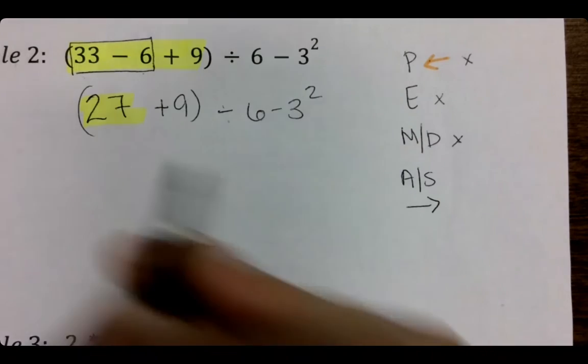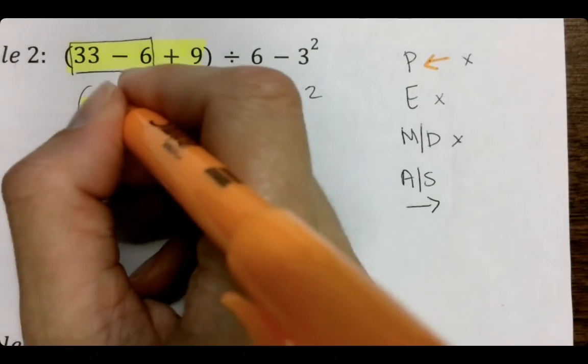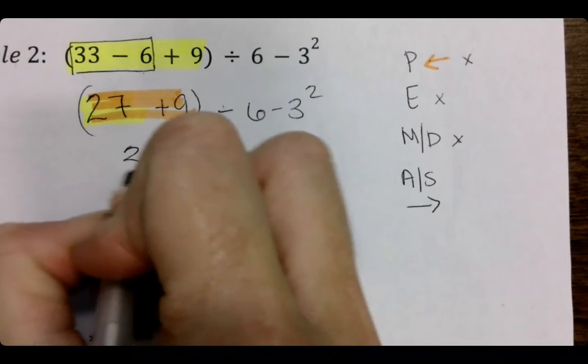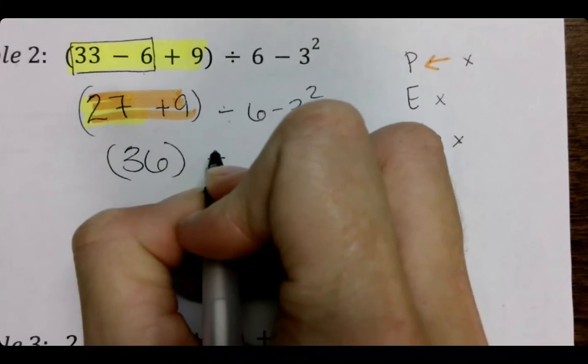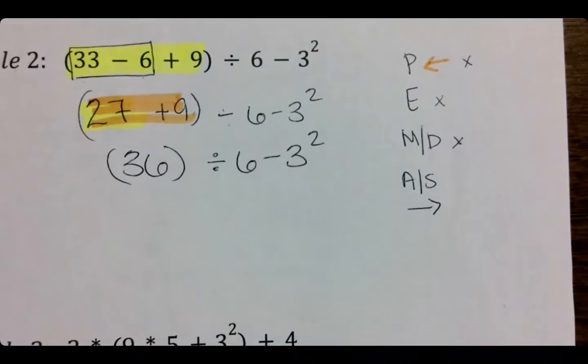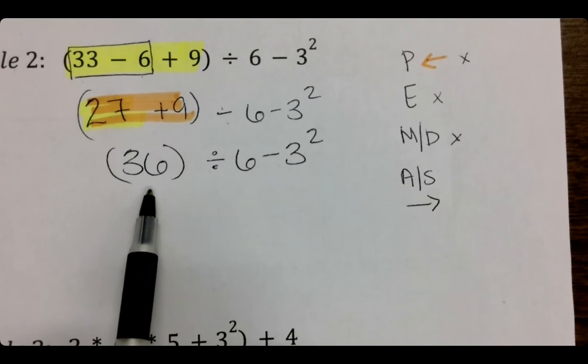Again, I still have stuff in my parentheses, so let's do that. And 27 plus 9, well, that's 36. And I brought down the parenthesis just to make it easier. You don't necessarily have to, but it is a good check because technically we still have a parenthesis, and then we can say, oh, there's nothing to do in it, so we're good.